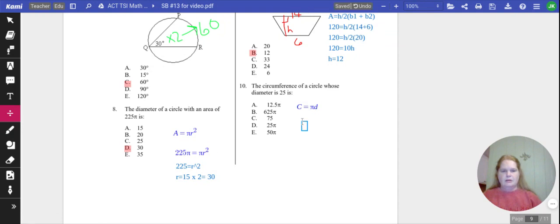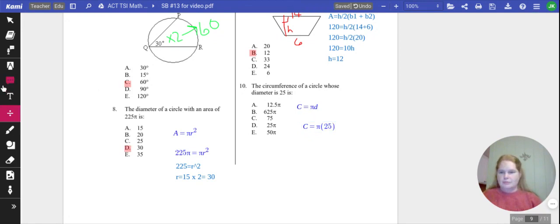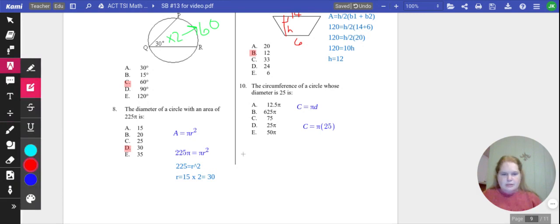Circumference, that's what we're trying to find, is pi times the diameter. The diameter is 25. So our circumference is 25 pi, which is D.